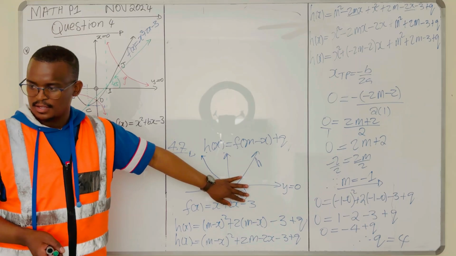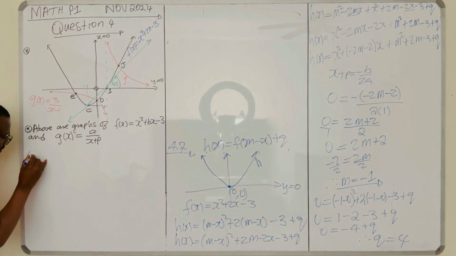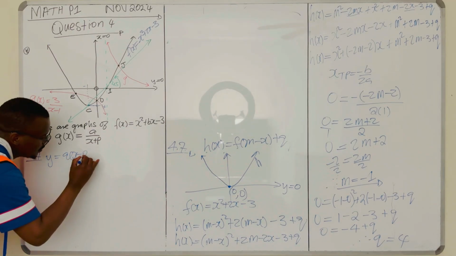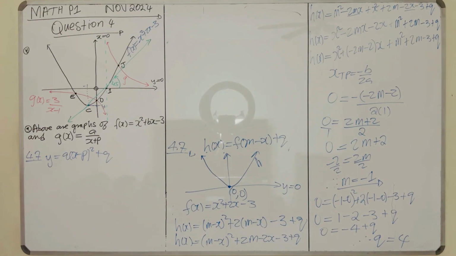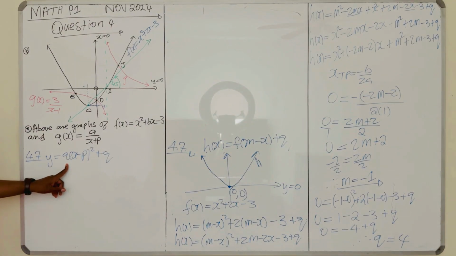Do you understand? So try to express this in this form. This is 4.7 as well. y is equal to a into x minus p all squared plus q. Do you understand? Yes.